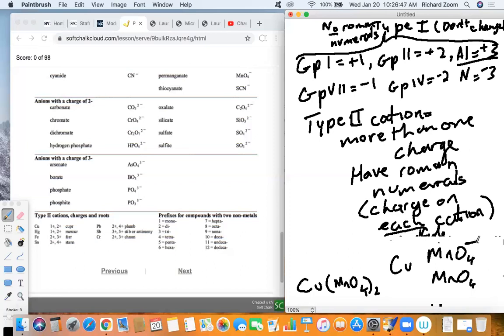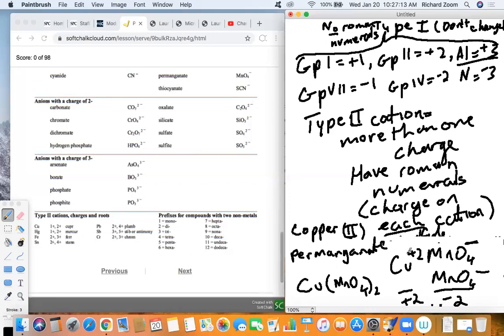MnO4 is a -1 charge. There's two of them. So that's -2, which makes the positive side +2, which means the copper is +2. So the name of that would be copper 2 permanganate. And again, we just get that name directly off the polyatomic ion sheet. There's no need to memorize anything. It's right there in front of you.